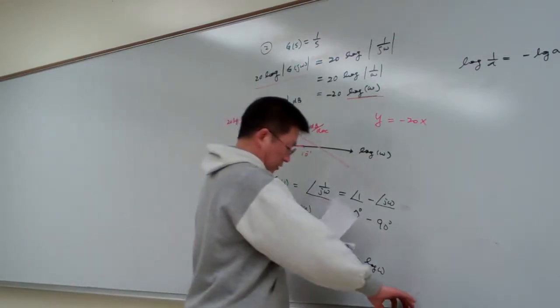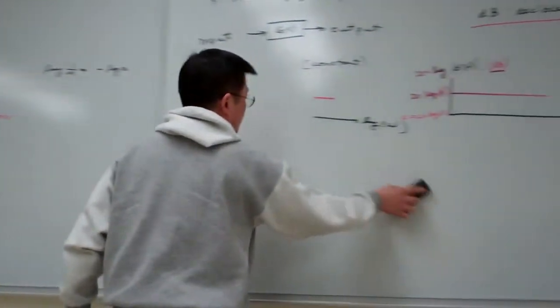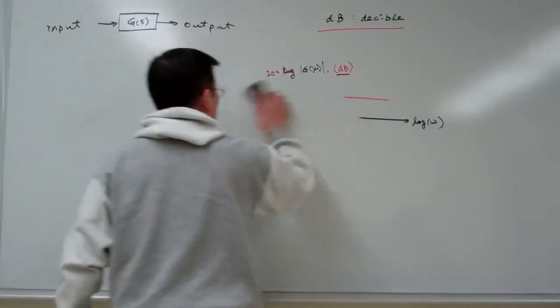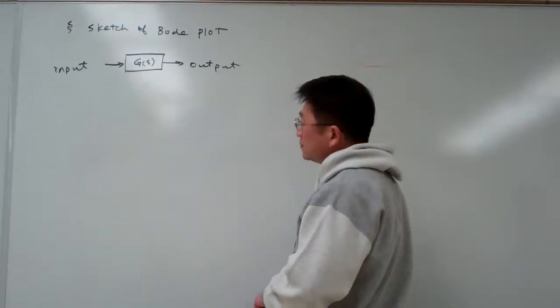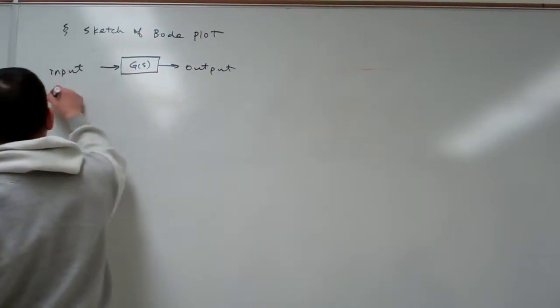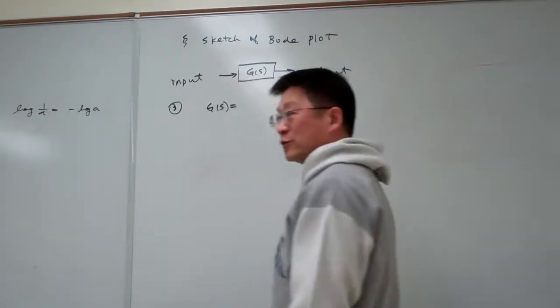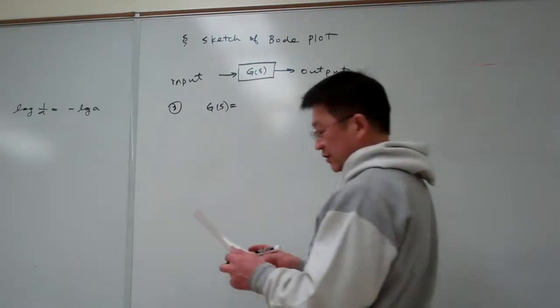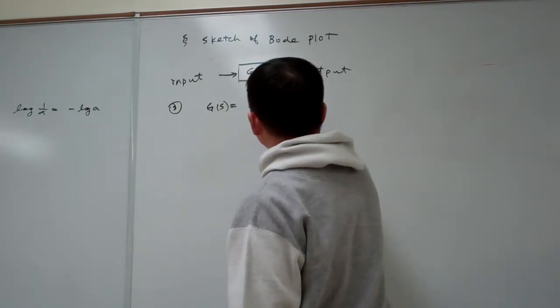Then we can gradually look into a bit more detail of more complicated systems. For the third one, for example, we look at G(s) equal to a first order linear system, for example, 1 plus Ts.